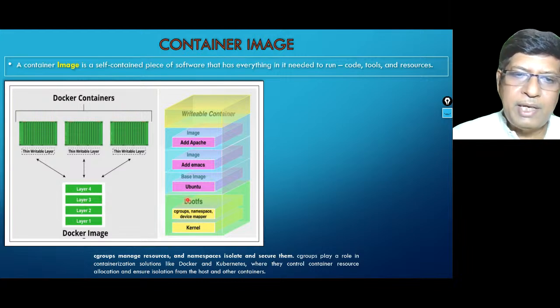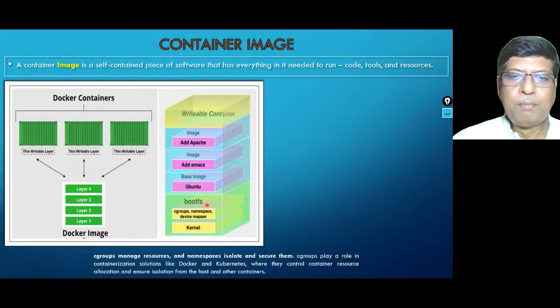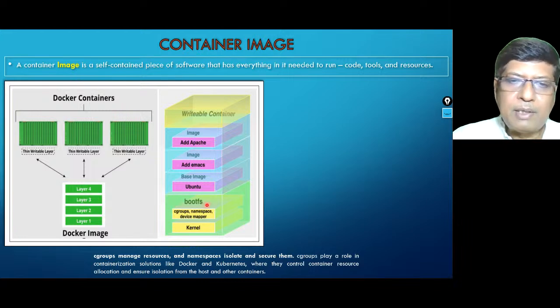The green layer that you can see is the internal environment of the container, and we call it boot FS, the boot file system. Whenever a Docker engine creates a container from the image, it will create an internal environment.